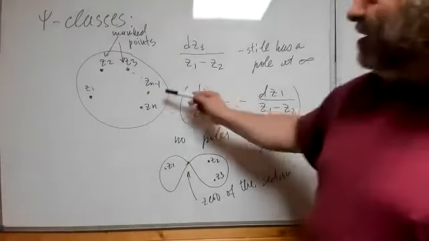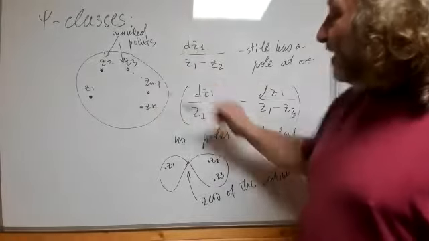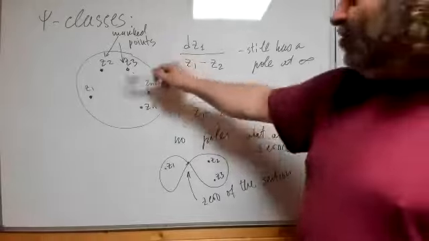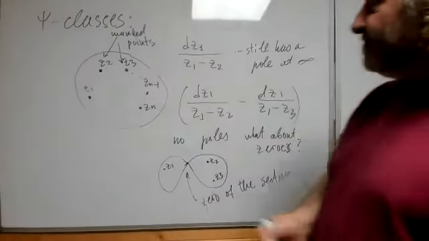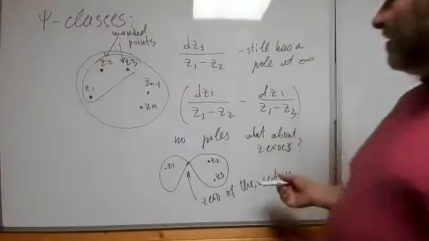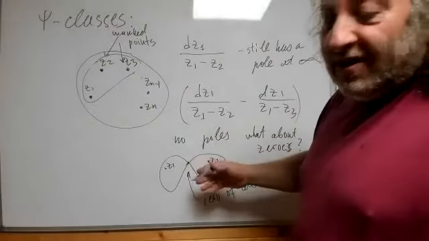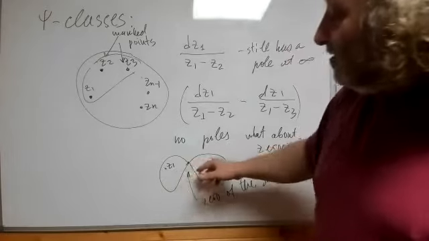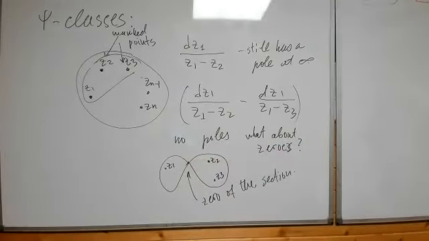Now, what may happen with the rest of the points? They could be, or should be, distributed between these two components.